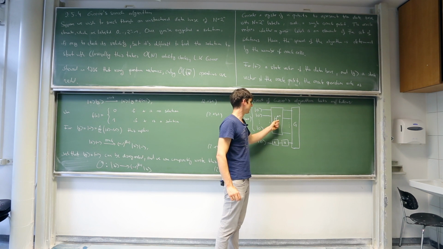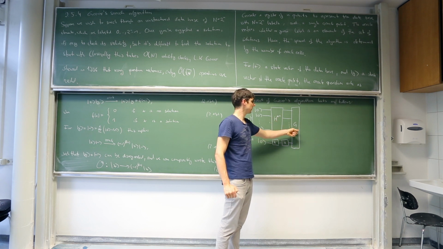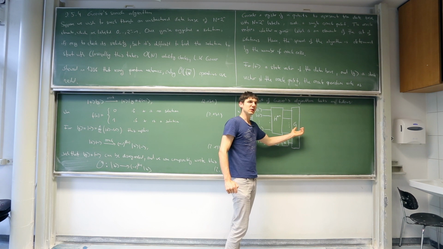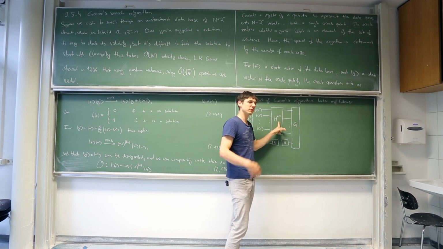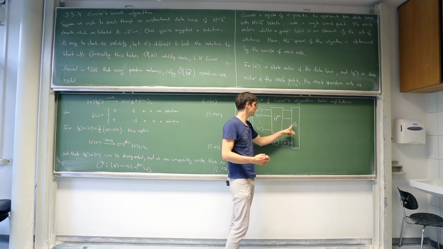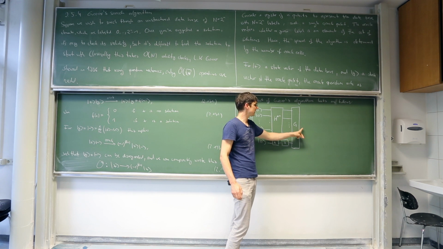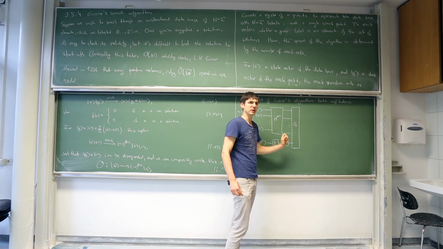And this G involves the oracle. First we put the state of our database into a coherent superposition of all states, and then we have to distill a solution out of these states. Because this is now a superposition of everything, and we want to distill this solution. We distill this by successively calling this Grover iteration.